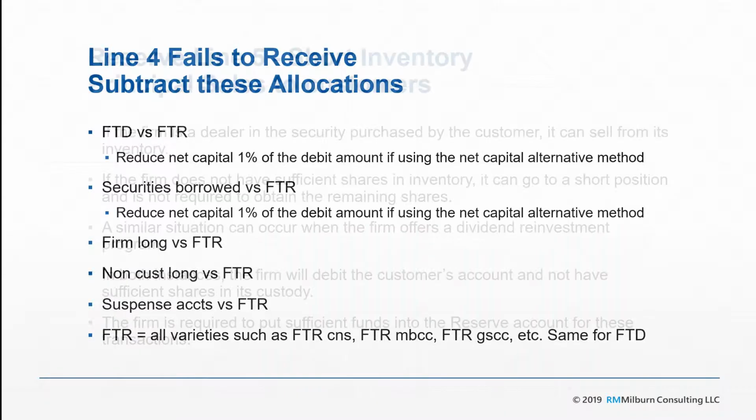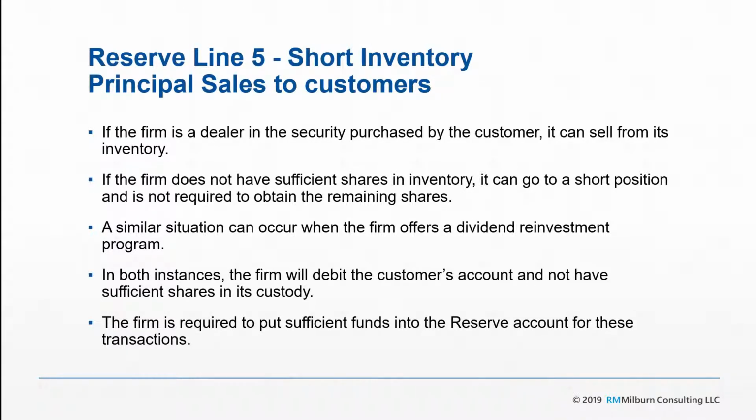So let's talk about line 5, short inventory principal sales to customers. In this particular instance, your firm is acting as a dealer because it holds shares that it's going to sell to the customers. The customer is going to buy a security that the firm is a dealer in.